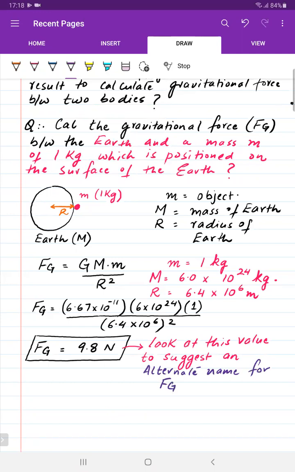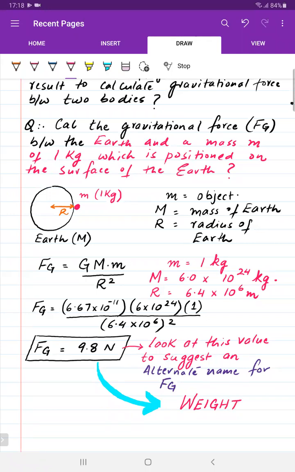So can you all recognize इस value की basis पर you should be in agreement that the alternate name that can be given to represent this value, मैं state कर रहा हूँ, could simply be the weight of the object.